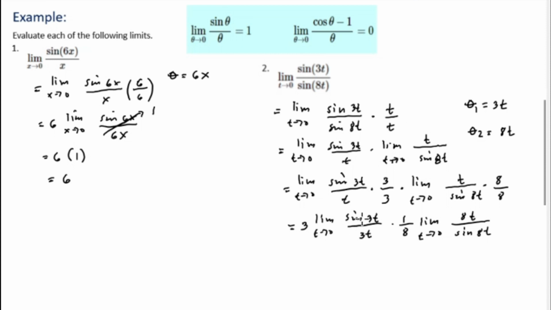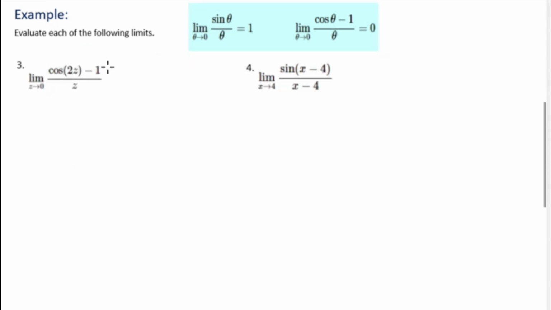The limit of sine 3t over 3t for t approaches 0 is equivalent to 1. And also the limit of 8t over sine 8t, the reciprocal, is also equivalent to 1. The value remaining is 3 times 1, multiplied by 1/8 times 1, equivalent to 3 over 8. So this is the value.